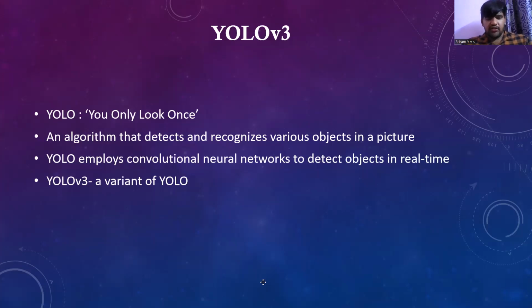In this algorithm, only a single forward propagation is required to detect the objects. This means prediction in the entire image is done in a single step or single run of the algorithm. And YOLO V3 is a variant of the YOLO algorithm, and tiny YOLO is another variant of this YOLO algorithm.